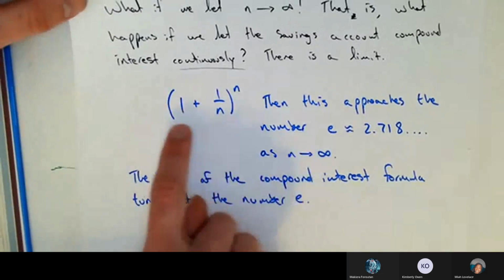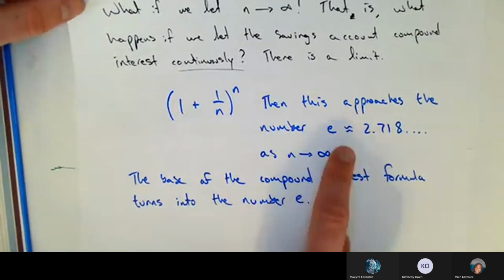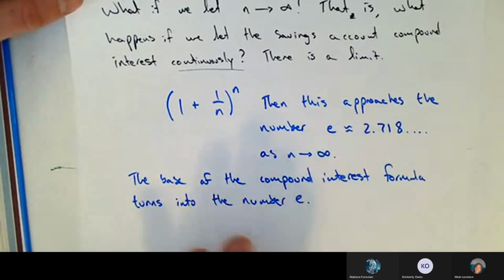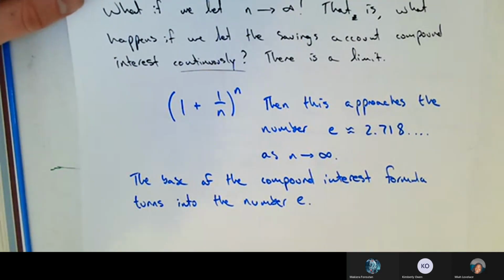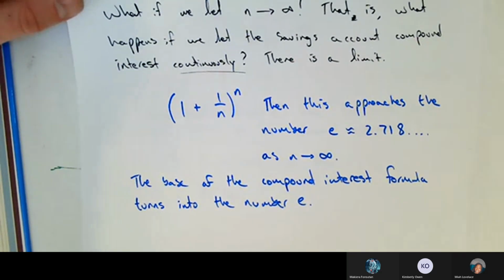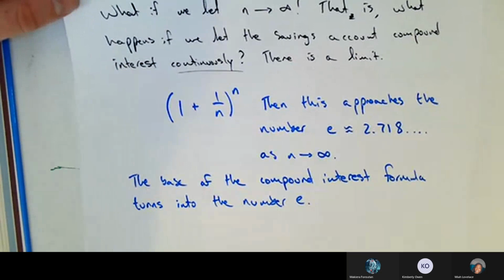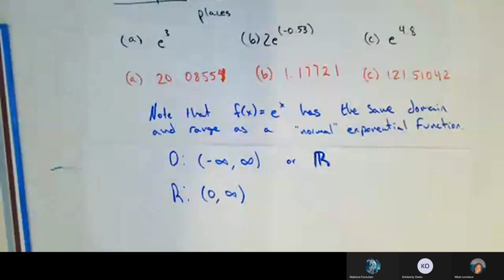But this thing approaching e as n tends to infinity is a super powerful expression or relationship, and it pops up all the time in math. So that's why this thing gets its own name.